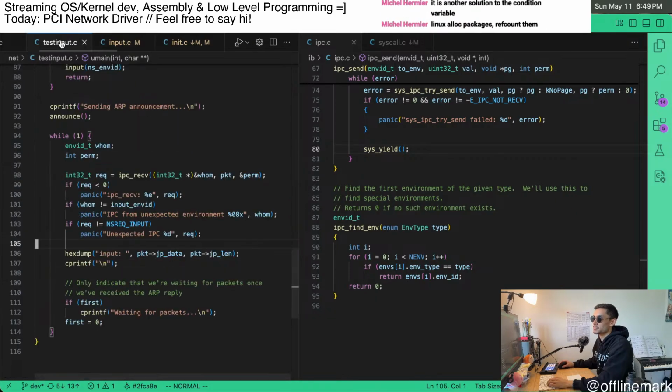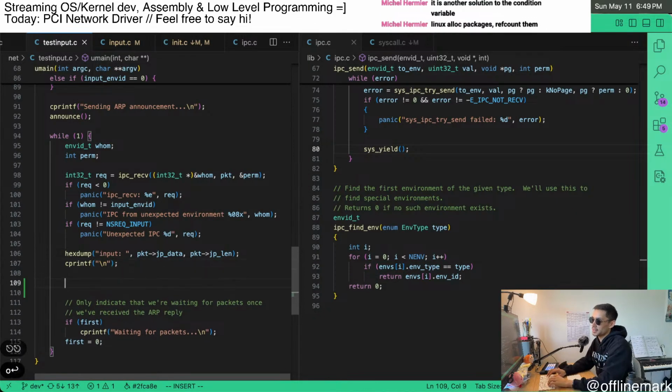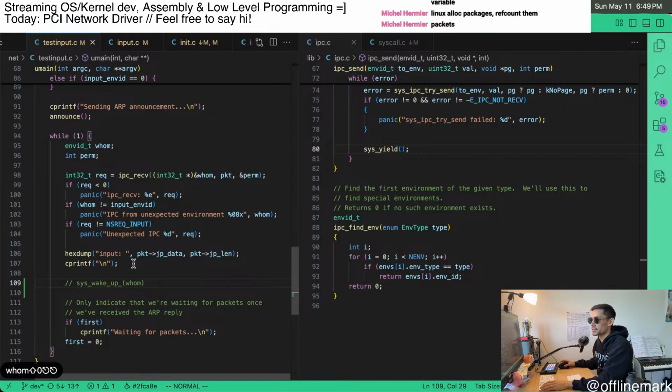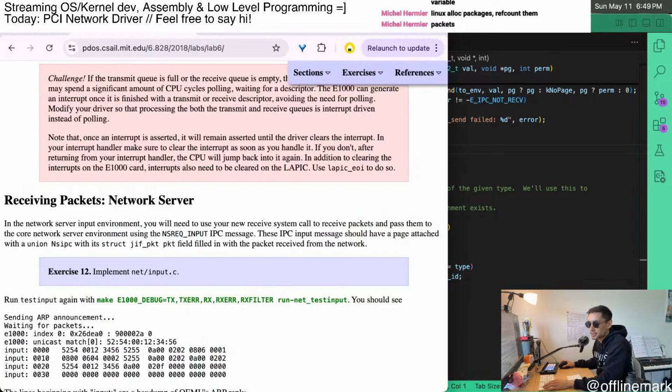And then in the other process, we would have something like sys wake up, and we can pass the whom. There's this whom thing where we get to find out who is sending us messages, and this would wake up that other process, maybe something like that.